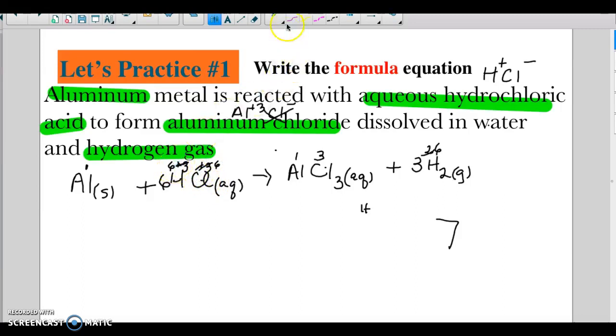So at this point, you can see that my hydrogens are balanced, but now I need to deal with the chlorine or the chloride. There's 3 and 6, both go into 6. So if we want to have 6 over here, we're going to have to put a 2 here. When I put the 2 there, 2 times 3 is 6. I also have 2 aluminums. So then I would want to come over here, fix my aluminum. So that is writing a formula equation from a word equation and balancing.